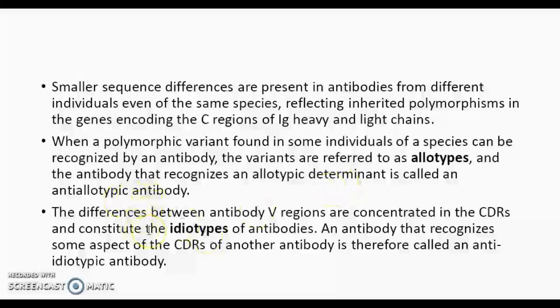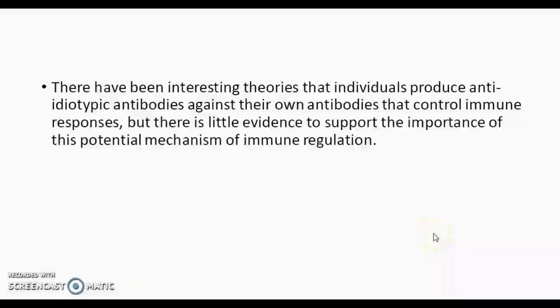The differences between antibody V regions are concentrated in the CDRs and constitute the idiotype of the antibody. An antibody that recognizes some aspects of the CDRs of another antibody is called an anti-idiotypic antibody. There have been interesting theories that individuals produce anti-idiotypic antibodies against their own antibodies.